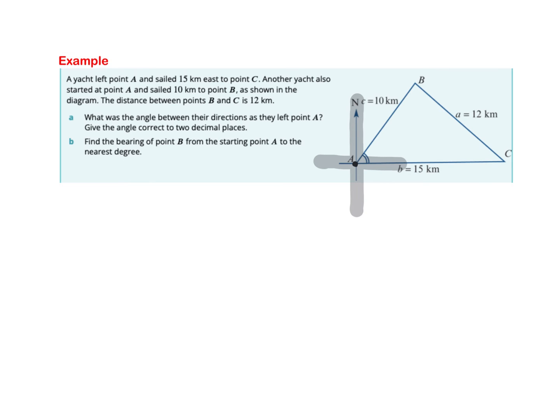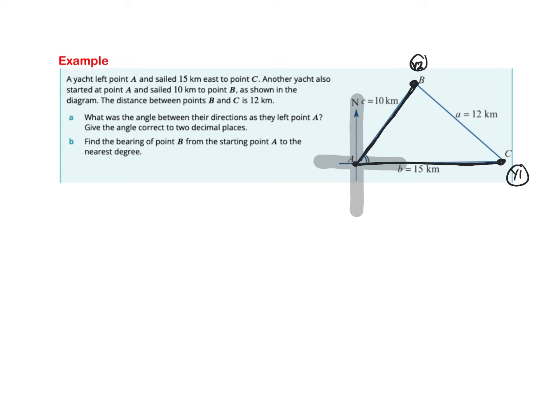They said it left point A and sailed 15 kilometres east to C, so that's a straight line across to C, okay? And another yacht also started at point A and sailed 10 kilometres out to point B. So this was yacht 2, and this is yacht 1 out here. The distance between the two of them is 12 kilometres, so you can see that there, they've drawn that.